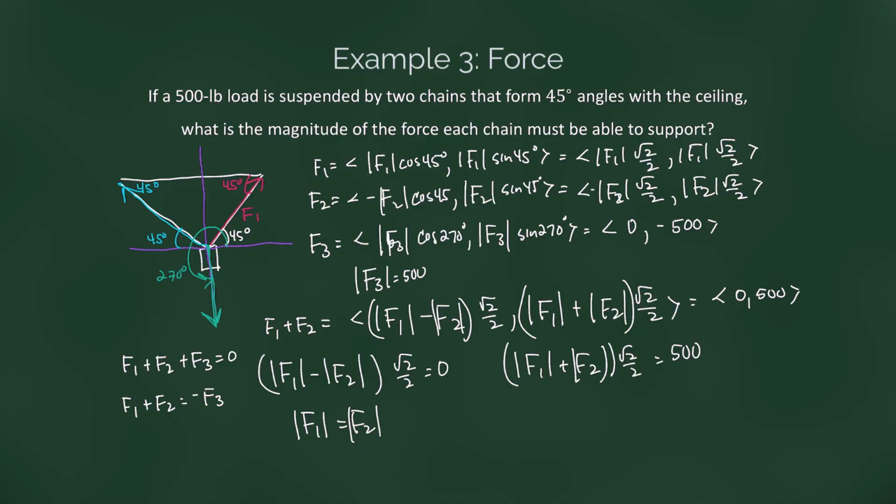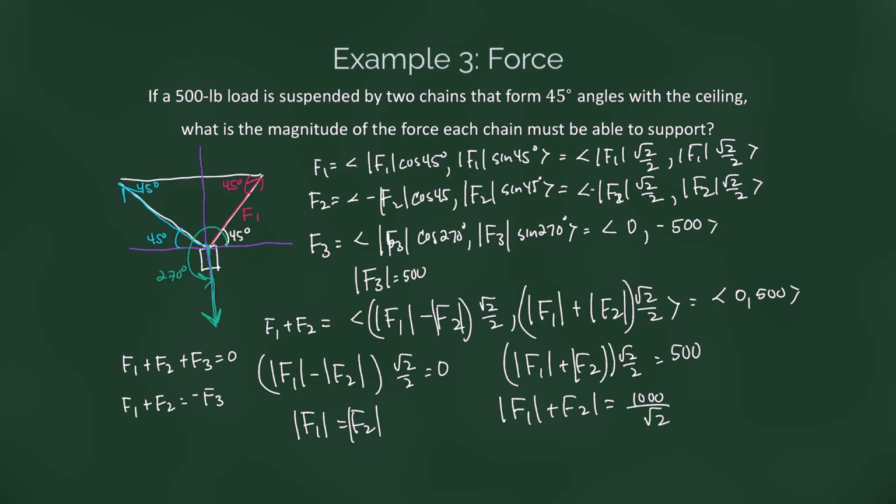So here we get that the magnitude of F1 plus the magnitude of F2 is going to be 1,000 divided by the square root of 2.